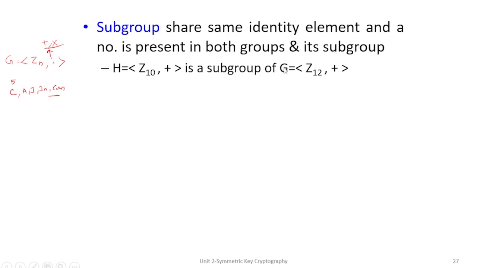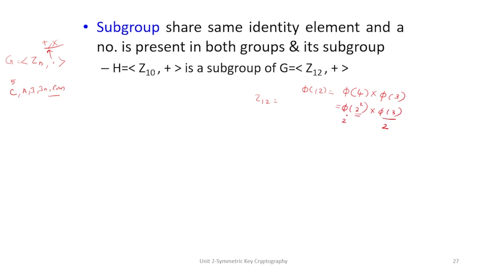For example, if you take Z12 plus, the number of elements is phi of 12. It will be written as 4 times 3, which is 12. So 4 can be written as 2 squared, and phi of 3 where 3 is a prime number.